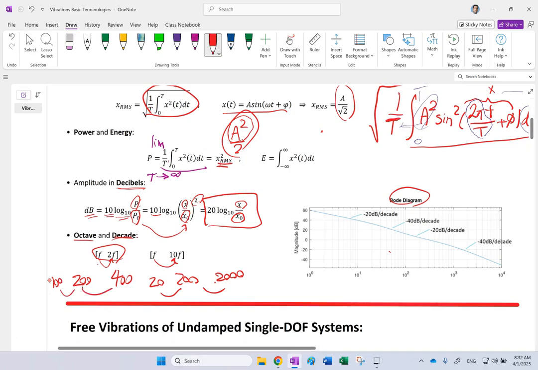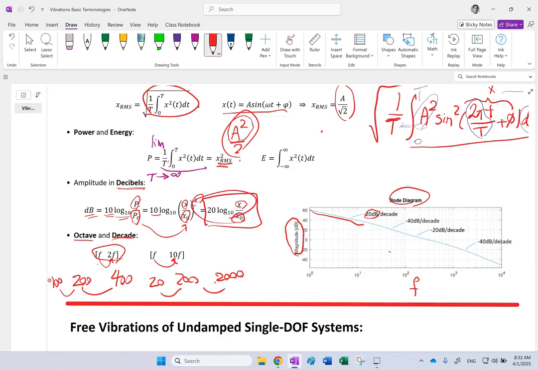So for instance, if you look at the Bode plot, you see this is a magnitude in decibels versus the frequency here, and the frequency axis, if you look at it, in this case, is really a logarithmic plot, right? So you see, it says the slope of this is negative 20 decibels because the unit of this is decibels per decade.